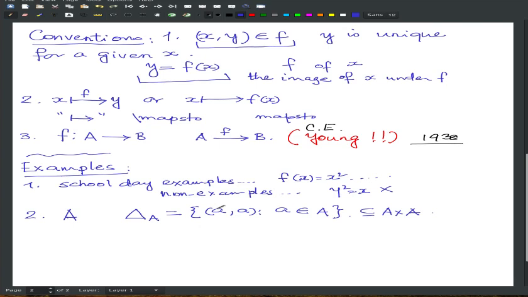Furthermore, given the first coordinate, the second coordinate is uniquely determined. So this is actually a function. And this function is often called the identity function on A.